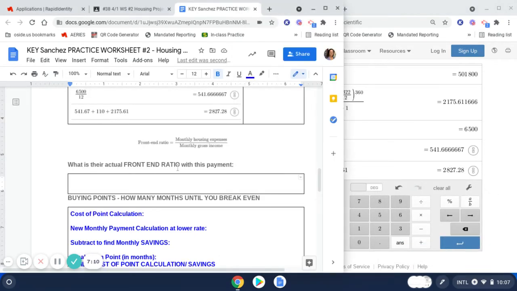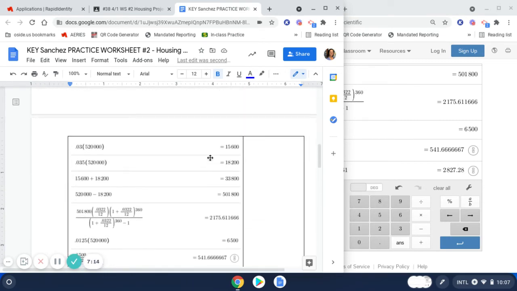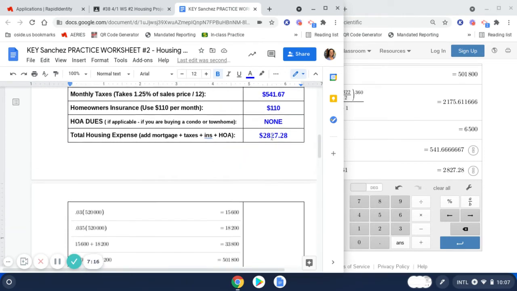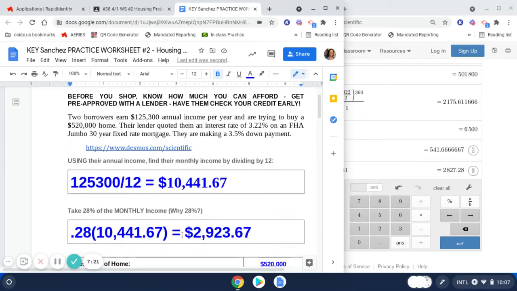Now, what is their actual front end ratio? So this $2,827.28 is the real mortgage payment. And if we look back up here, they could afford $2,923. So they are below the 28%. So let's go see exactly what it is. So we're going to need this income for our denominator.